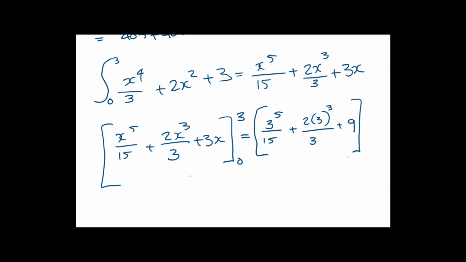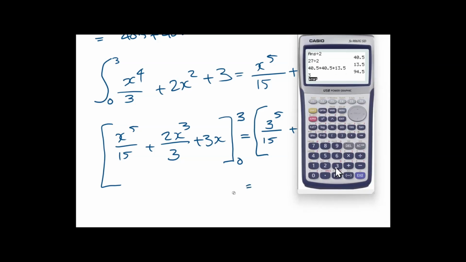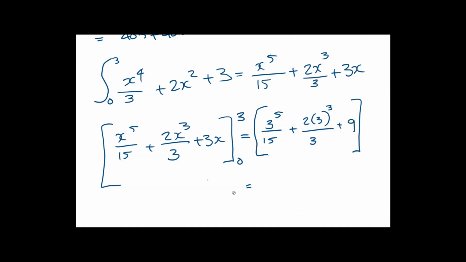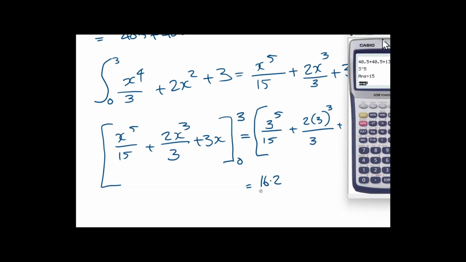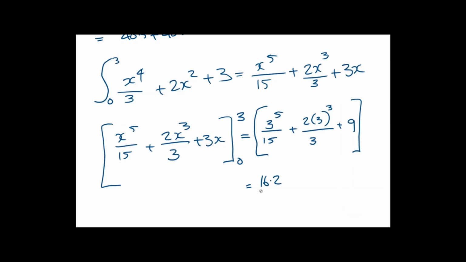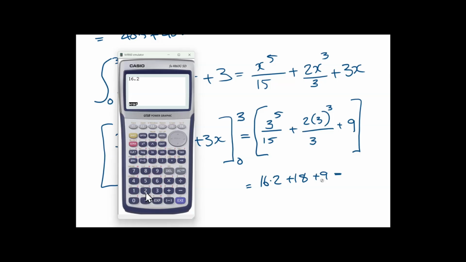At x equals 0 there would be 0, so we just have to do 3 to the power of 5, which is 243, divided by 15, that's 16.2. 3 cubed is 27, times 2 is 54, divided by 3 is 18. Plus 9. Add them together: 16.2 plus 18 plus 9 is 43.2.